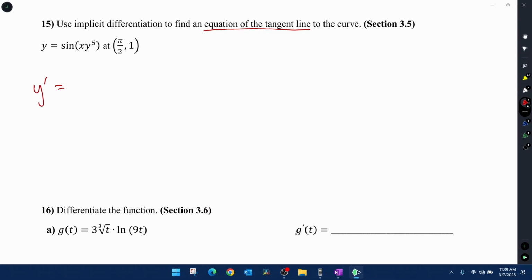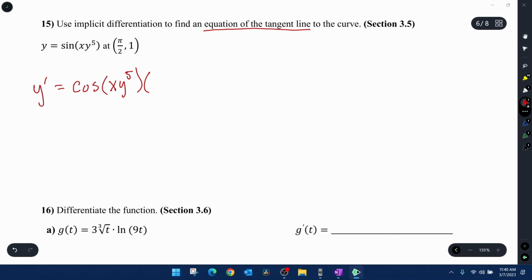So you'll have to take the derivative of sine. The stuff inside stays the same. And then you multiply by the derivative of the stuff inside. All right, here we go. So the derivative of sine, the stuff inside stays the same.